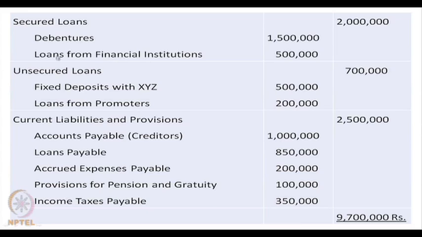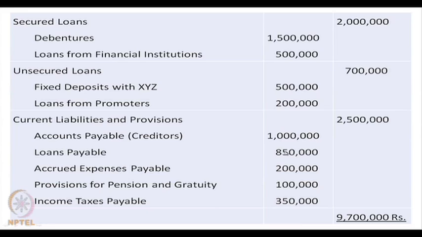Apart from the loans taken from outsiders, there are other liabilities that the company owes to its creditors and others. One is accounts payable, meaning that the company has purchased goods from suppliers on credit. So, they are liable to pay the amount back to the suppliers. It comes to 1 million rupees.